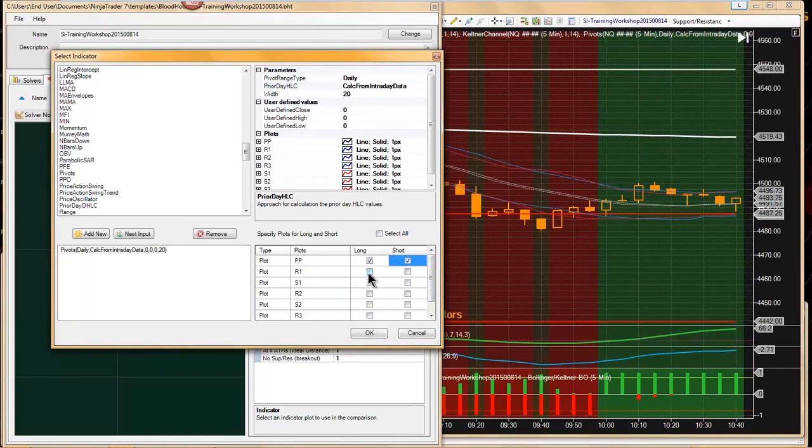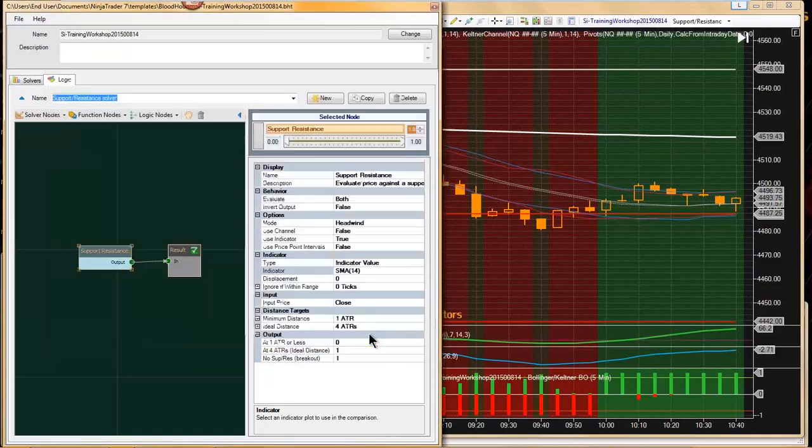I could just analyze the PP and R1 and S1, or just the PP and then R2 and S2 if I want, ignoring R1 and S1. You can select whatever you're wanting to analyze as your support resistance lines. I'm just going to select all here, and we'll click OK.